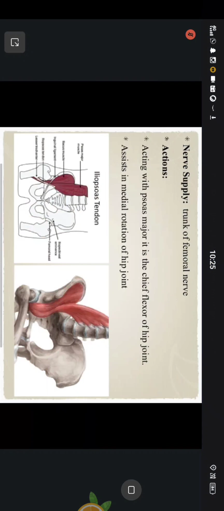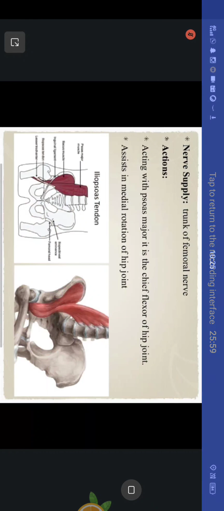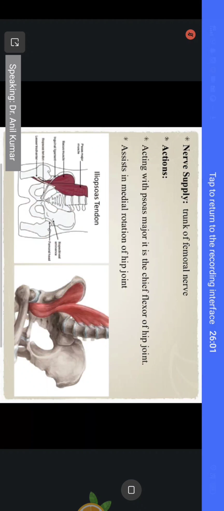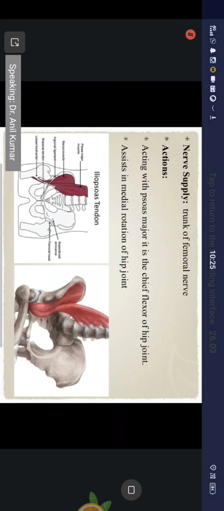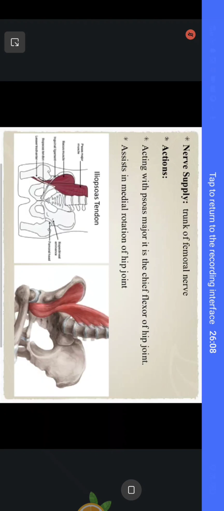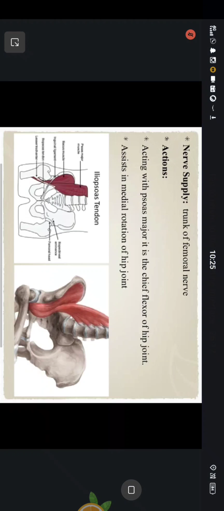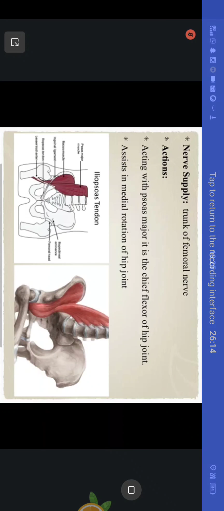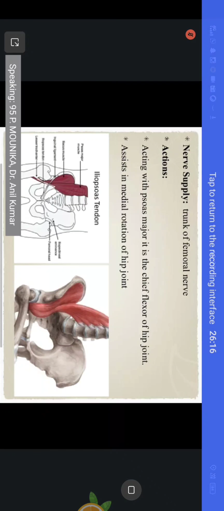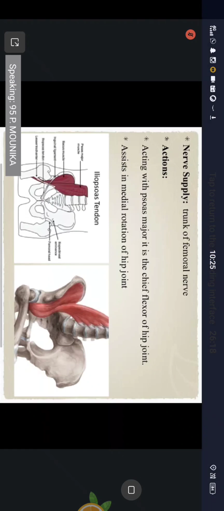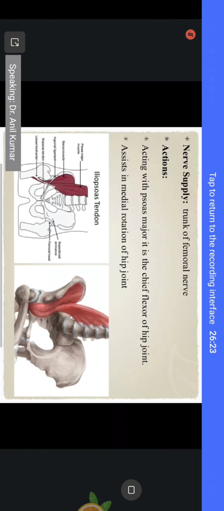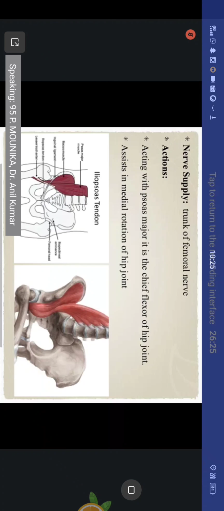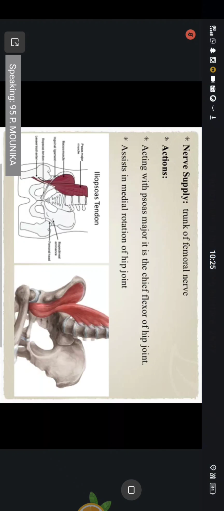Now can anyone give me a recap of what are the boundaries of this femoral triangle? So someone has to answer. Already I said it to you. Base is formed by the inguinal ligament. What about the medial boundary and lateral boundary? Lateral boundary is formed by the medial border of the sartorius muscle.